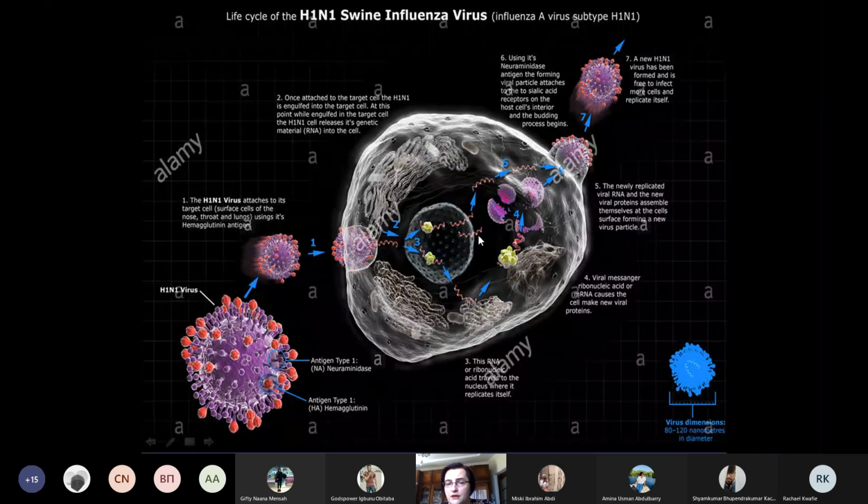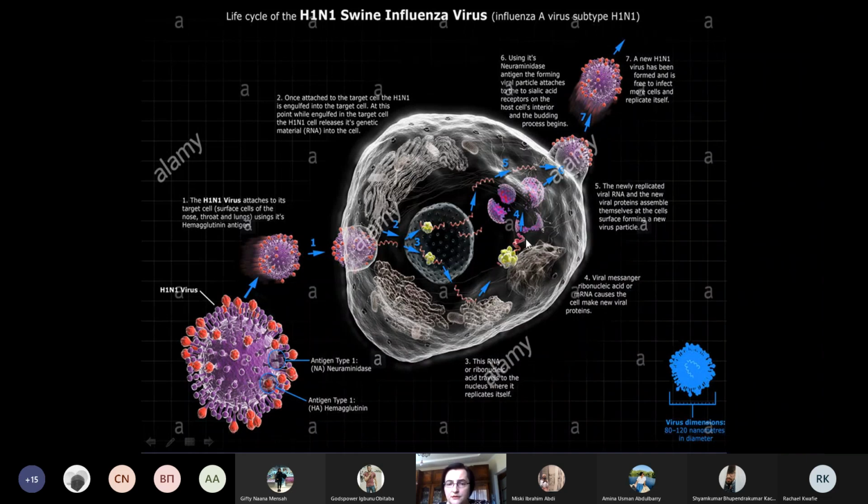New RNA appears. Viral messenger ribonucleic acid, or mRNA, causes the cell to make new viral proteins.